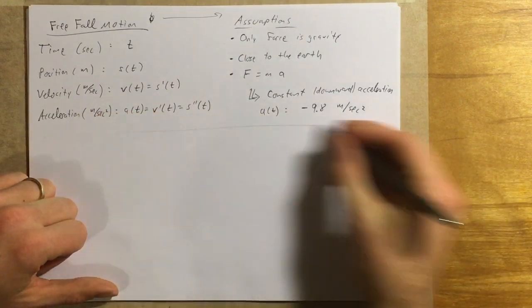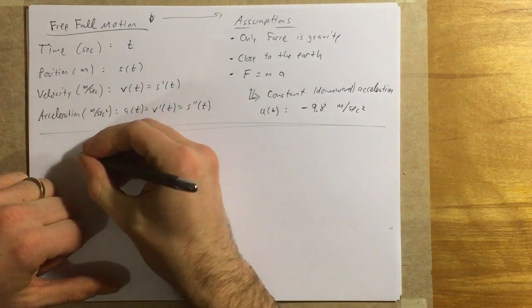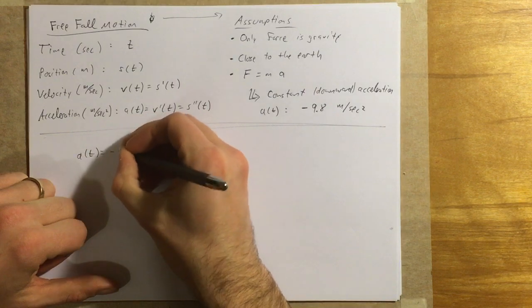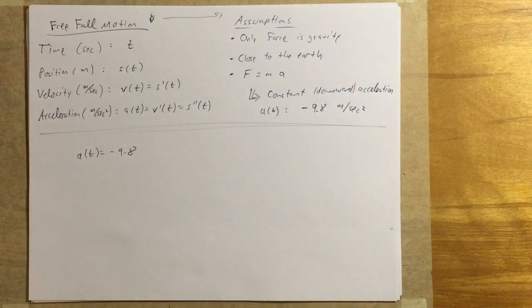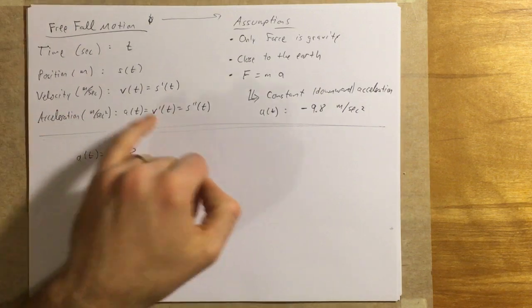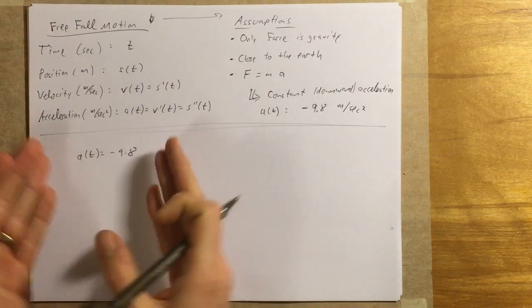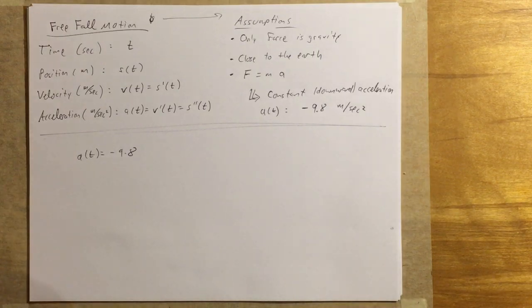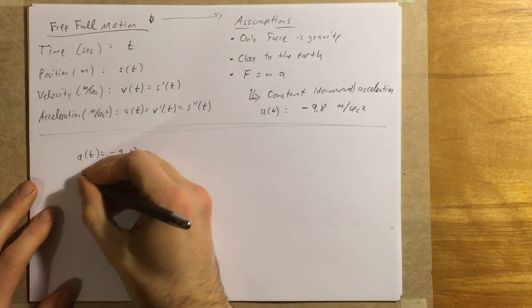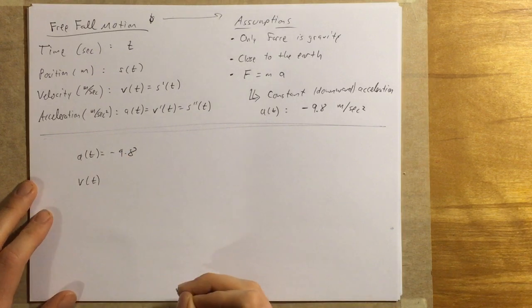Now, if we take that idea, a of t equals negative 9.8, then we should be able to use the notion that acceleration is the derivative of velocity. We can do a reverse derivative, an antiderivative. We're going to perform an integral to figure out what our velocity function is.